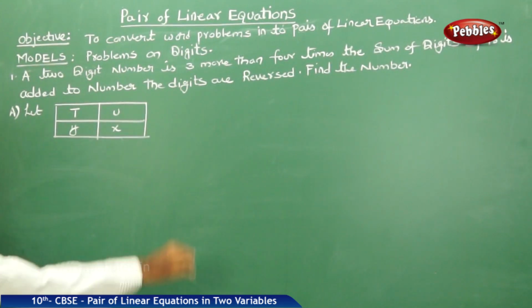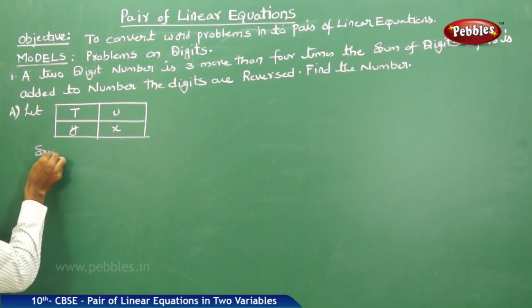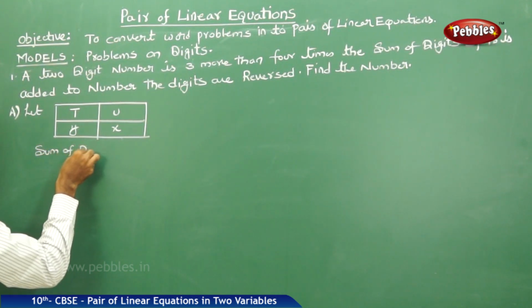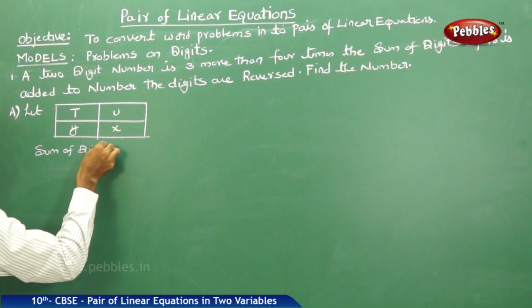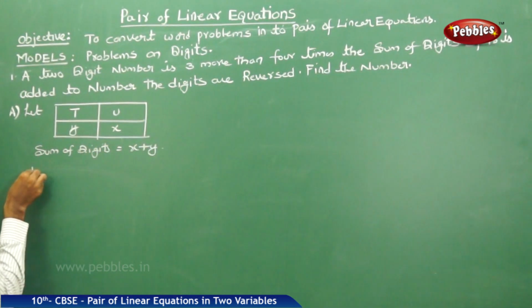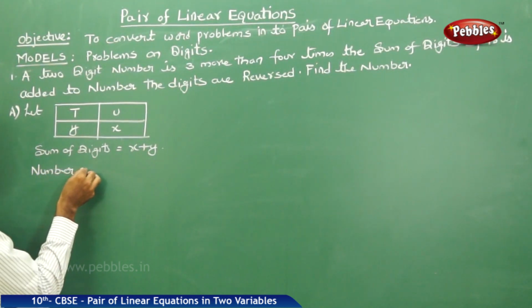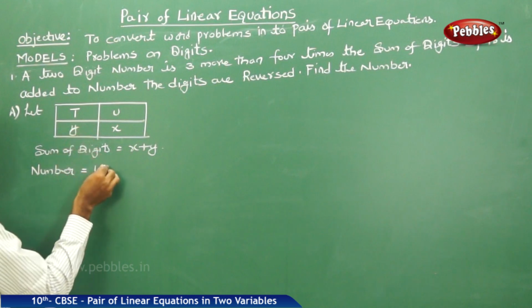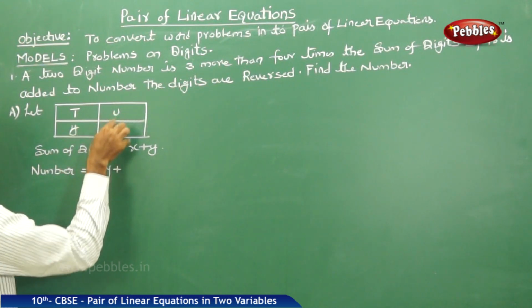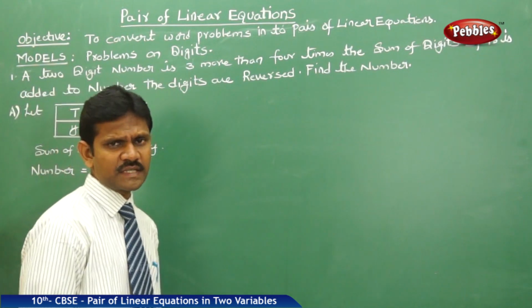Now, what is the sum of the digits? Sum of digits is equal to x plus y. After that, find the number. Number is equal to 10 times the tens place y plus 1 times the units place, that is x. Number is equal to 10y plus x.